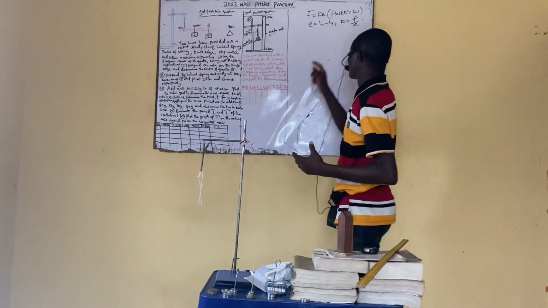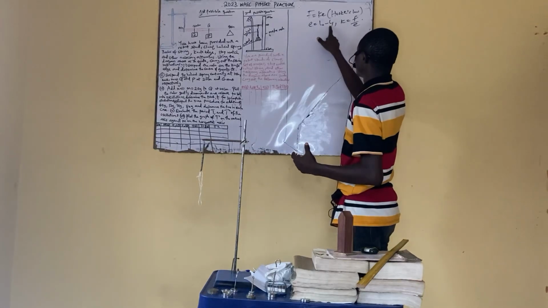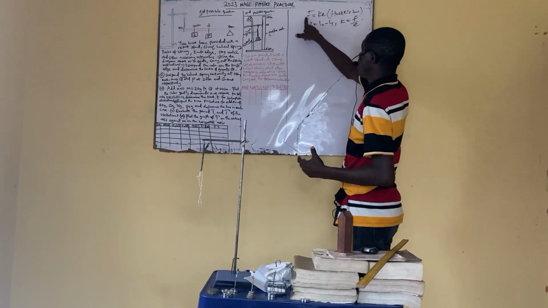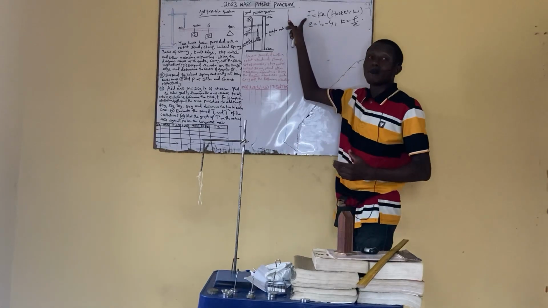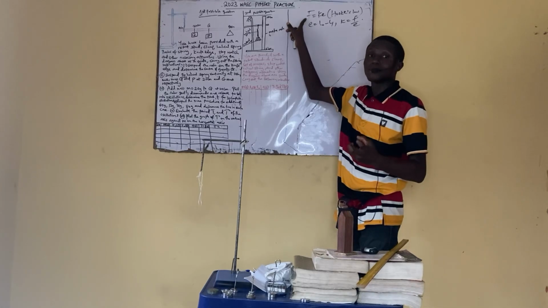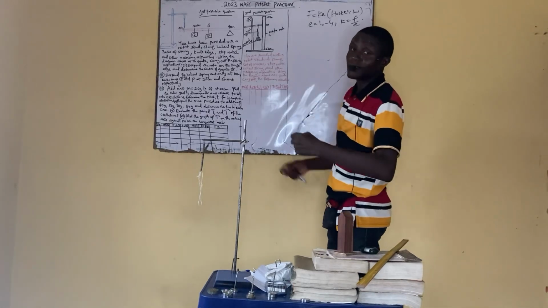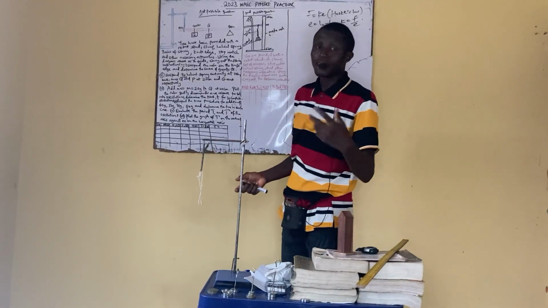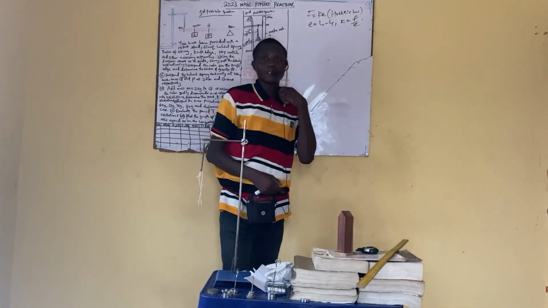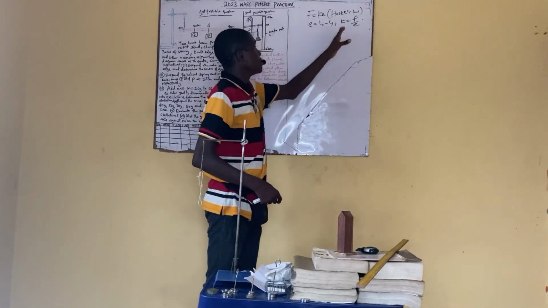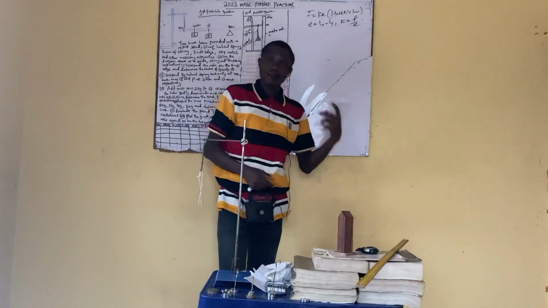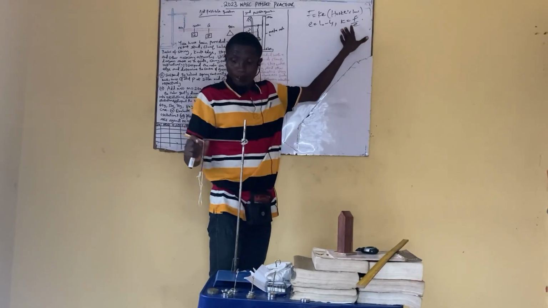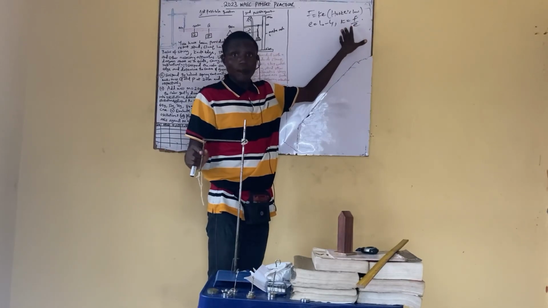Then you subtract the original length from the new length, and then you will get your extension E. Then you take your load in gram, divide it by 1,000 to get kilogram, and multiply by 10 to take it to force. Then you can get your constant K from it.